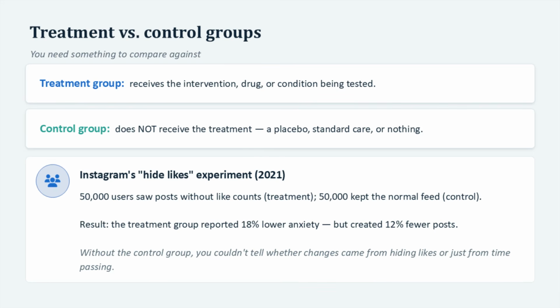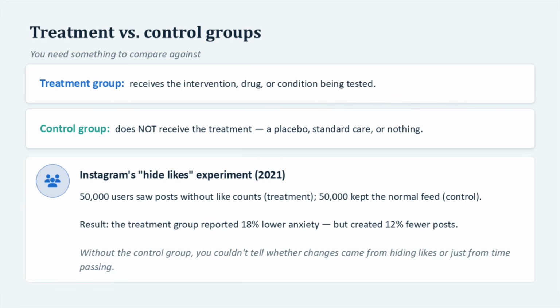Let me walk you through the example on the slide. In 2021, Instagram wanted to know whether hiding like counts could affect how people felt about using the platform. So, imagine they set it up as an experiment. One group of 50,000 users sees an Instagram feed where the number of likes is hidden. That's the treatment group.